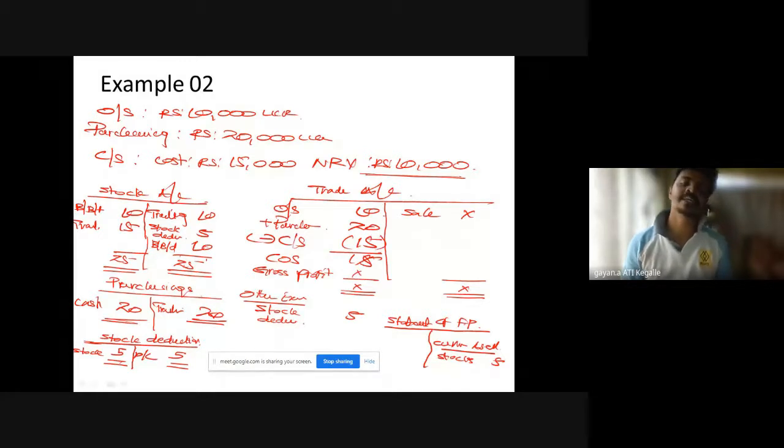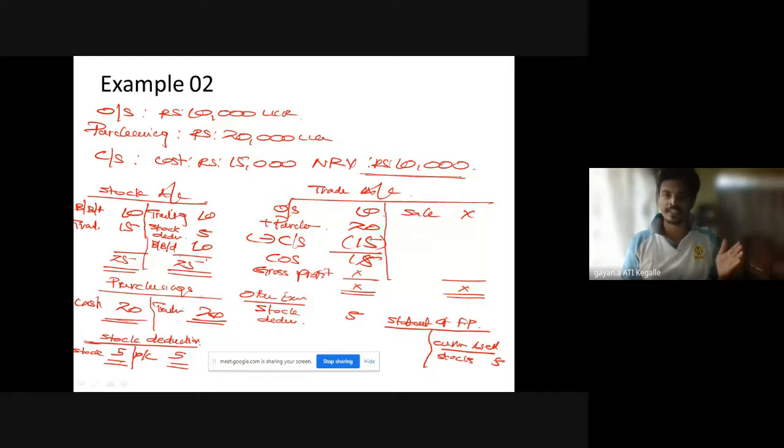So journal entries you need to note. But when you are preparing the final financial statements, no need to follow this. You can identify the basic things which need to be done in adjusting this. If the net realizable value is less than the cost, we can put the cost under the trade account as closing stock.